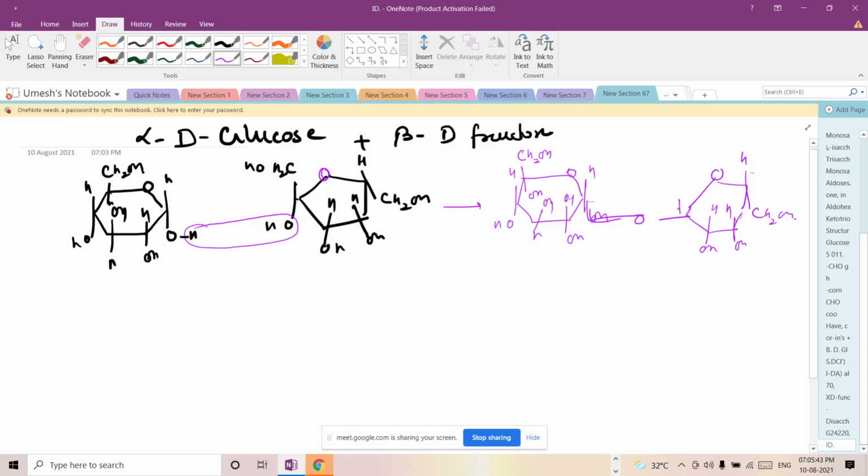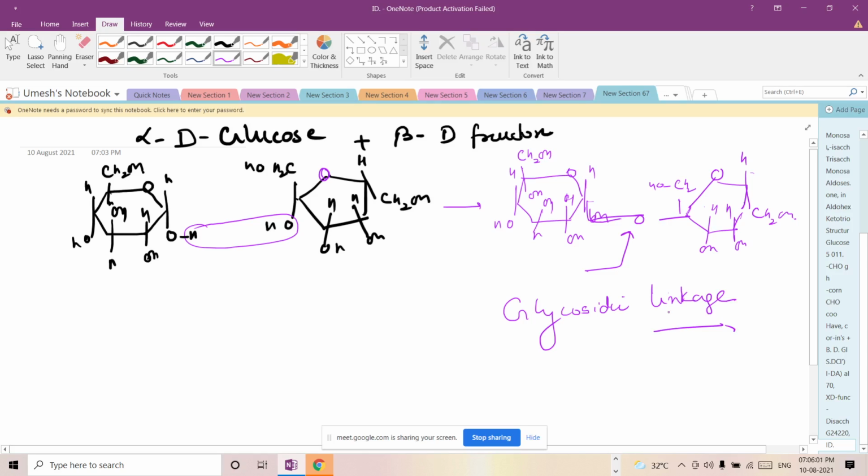It is a CH2 here. This linkage between the two units is called the glycosidic linkage. This is the structure of the sucrose. Understood?